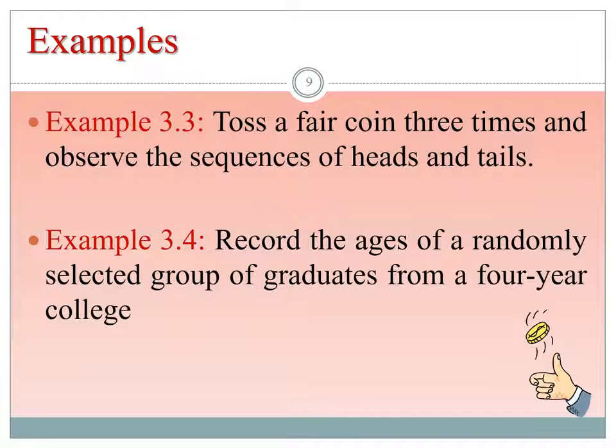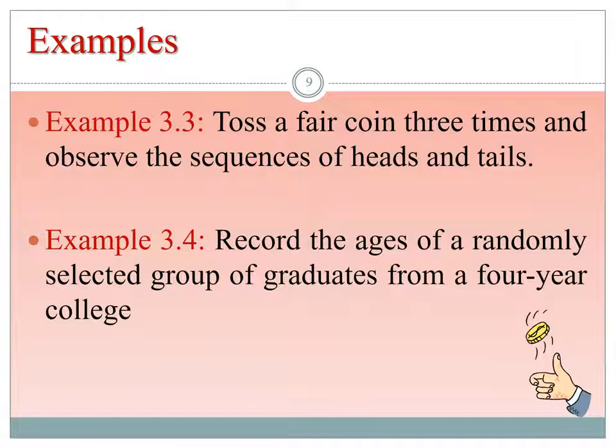Tossing a coin 3 times, we can get all 3 heads, or all 3 tails, or first 2 tails and third head, or first tail, second head, third tail. So we can try several ways, several outcomes in this example. This we call an experiment.